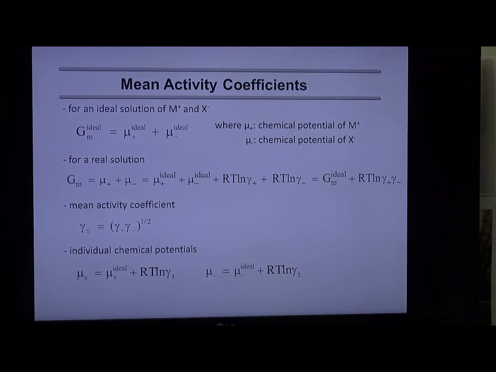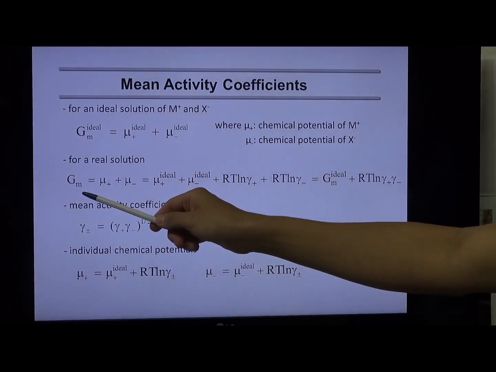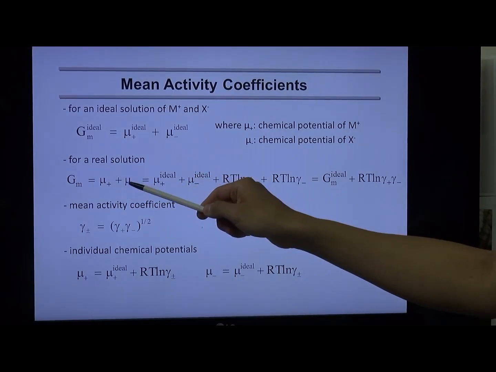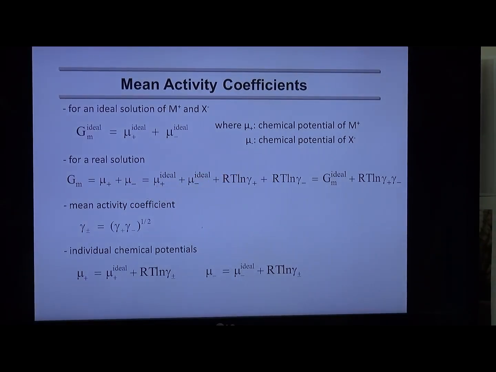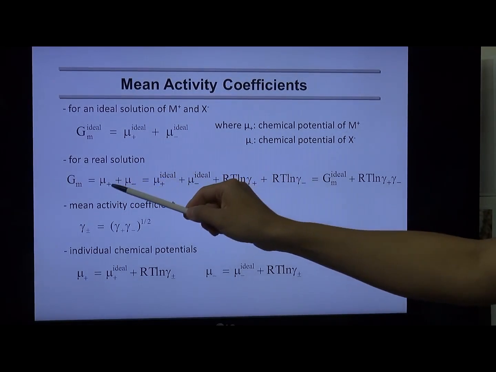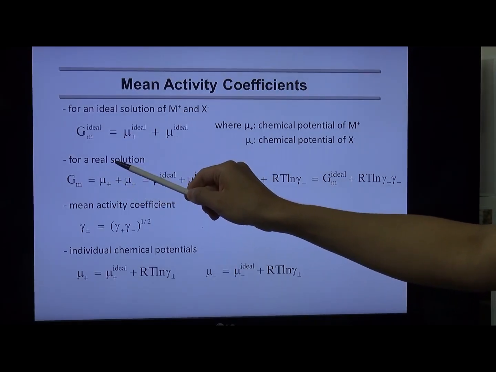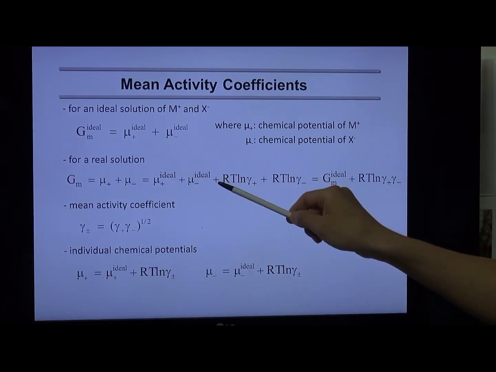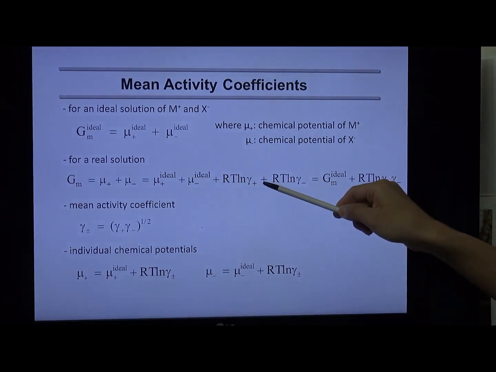For a real solution, the molar Gibbs energy should also be the summation of the chemical potential of the cation and the chemical potential of the anion. The chemical potential of the cation for a real solution can be represented as the chemical potential of the cation for an ideal solution plus RT ln gamma plus.